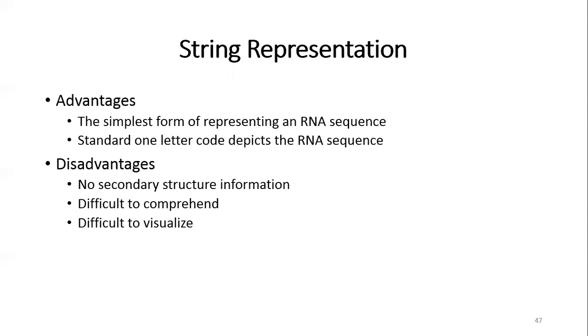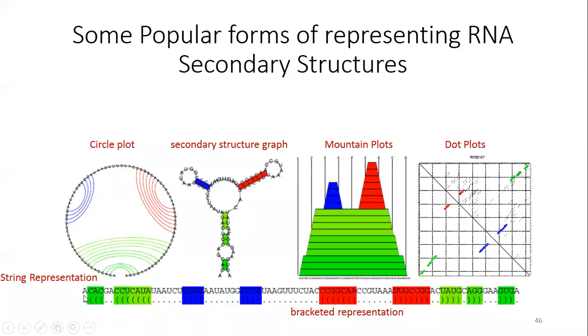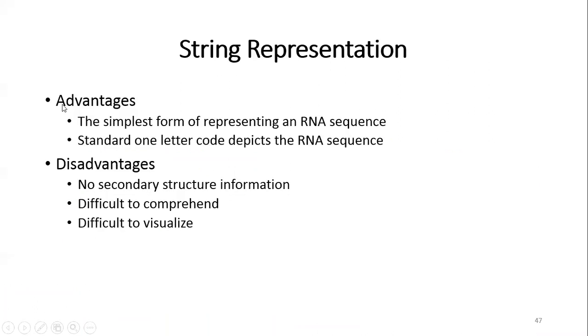Okay, first and foremost we have string representation. String representation means, just represent your RNA sequence in the form of a string. It is just like your FASTA format. The advantage of such string representation is that it is the simplest form for representing an RNA sequence, where a one letter code depicts the RNA sequence.